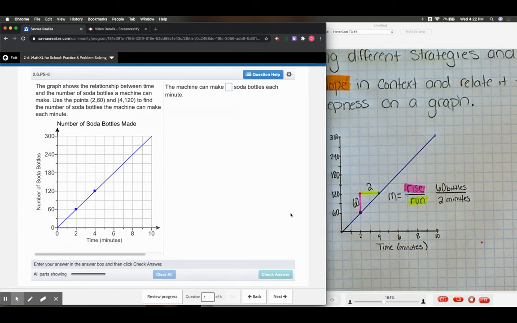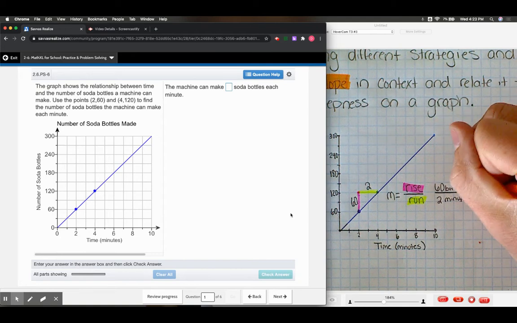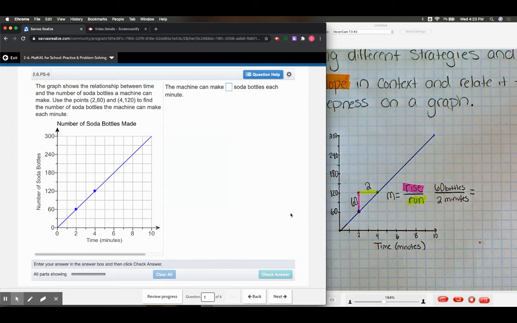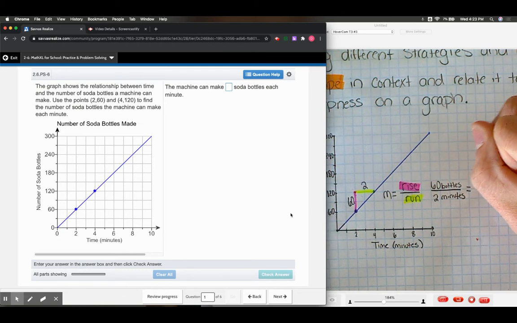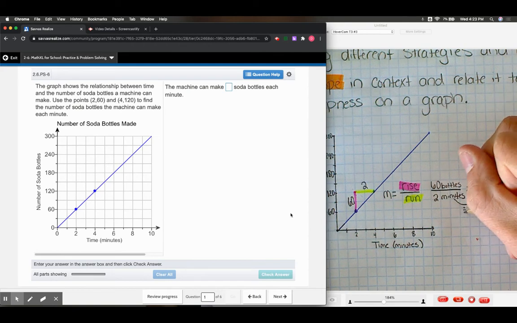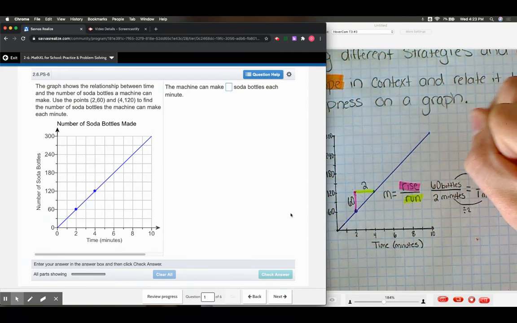And then you're going to want to calculate the unit rate, because that's what the question's asking. How many bottles does the machine make each minute? Not each 2 minutes, but each minute. So unit rate, remember, 1 is on the bottom. Divide by 2. This is all last week's material.